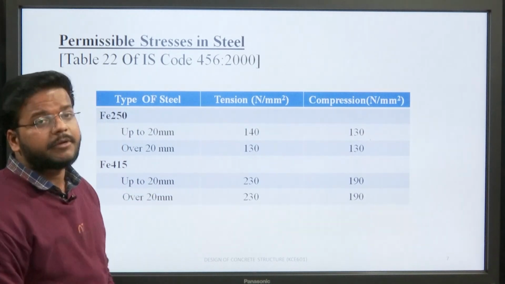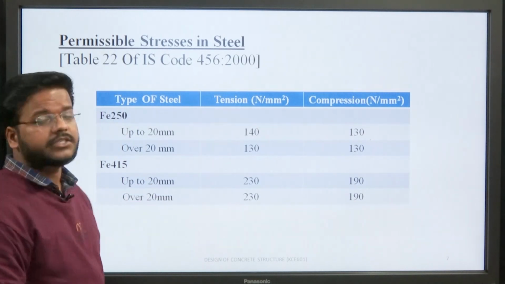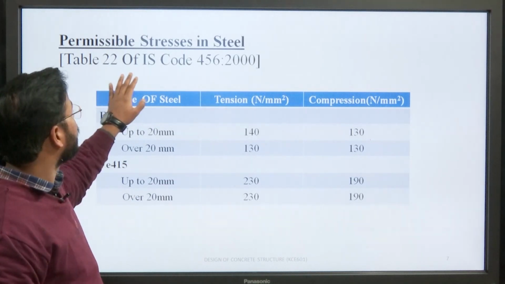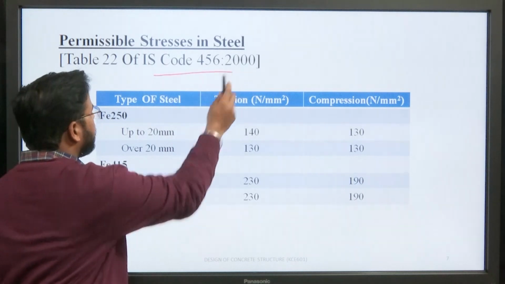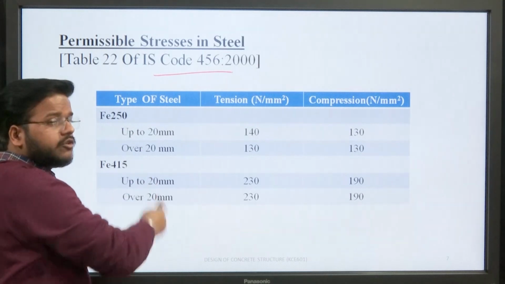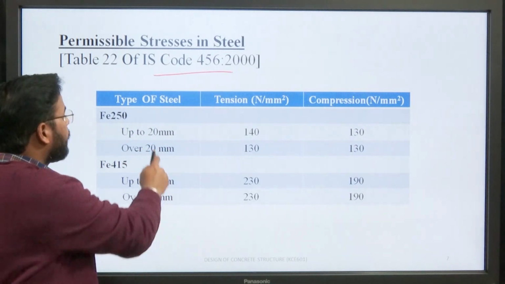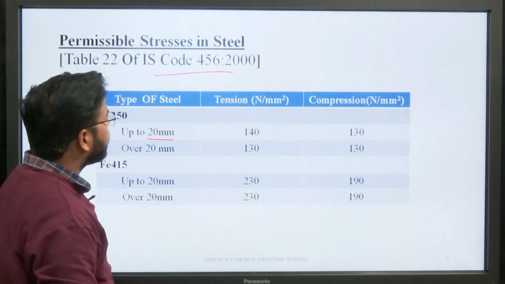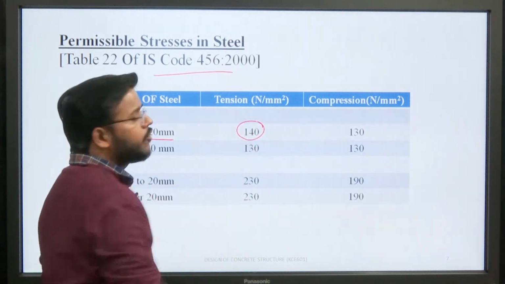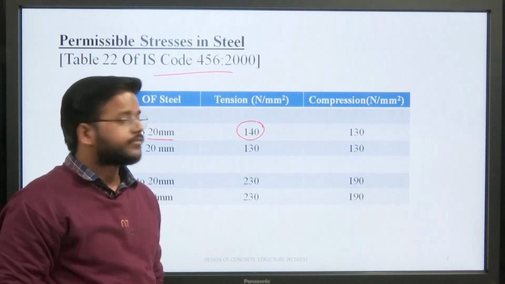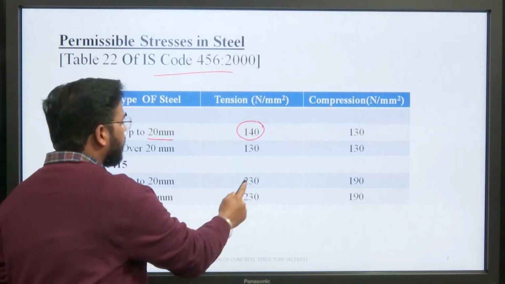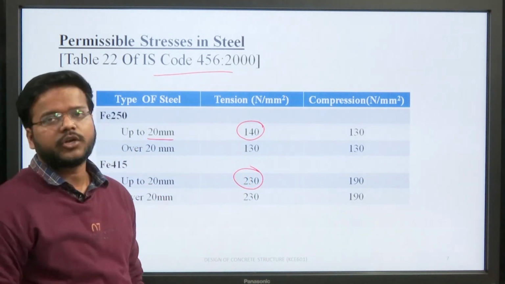Now, we discuss what the permissible stresses in steel are. It is taken from table 22 of IS code 456/2000. For the different grades of steel up to different diameters, like up to 20 mm diameter bar, the permissible stress in tension is 140 Newton per mm square, and for 415 grade of steel up to 20 mm, this value is 230 Newton per mm square.